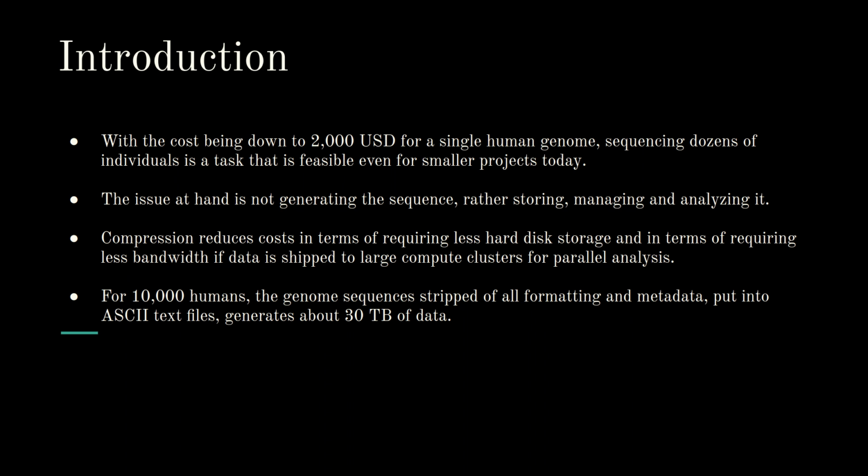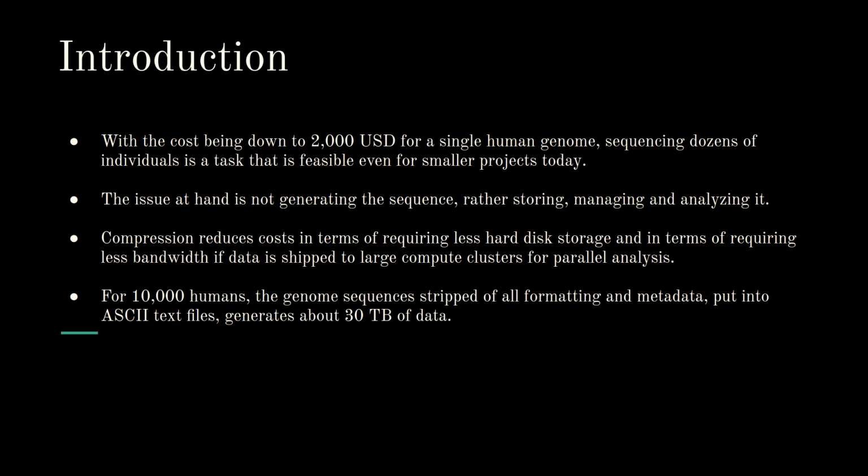Also, if the file is required to be shipped to some cloud platform, it would be easy to do that rather than shipping the entire file size into a cloud. Take for example how for 10,000 humans, very basic sequences of ASCII files would generate about 30 terabytes of data. This 30 terabytes does not include any formatting or metadata.